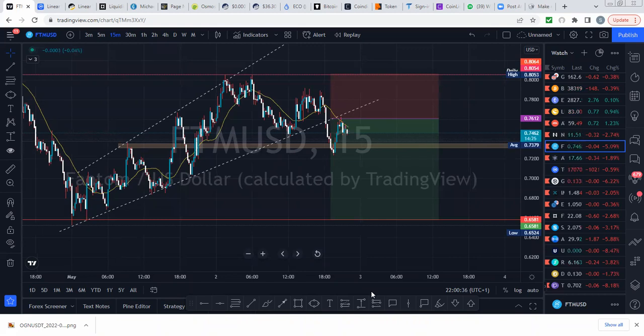So traders can even focus on specific time frames. If you want to be a scalper, just be scalping. If you want to be a day trader, day trade. If you want to be a swing trader, you swing.